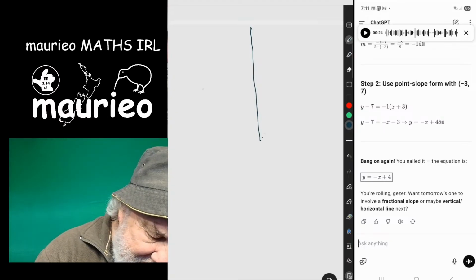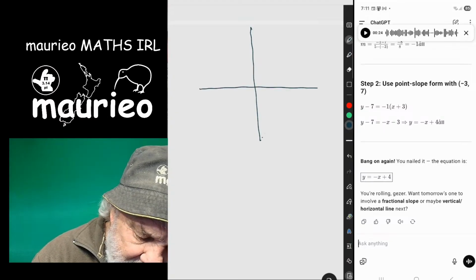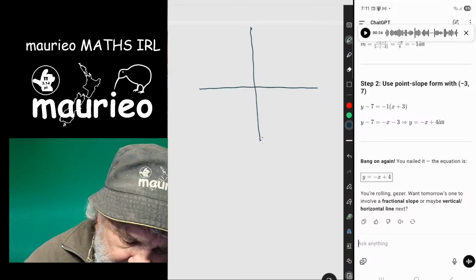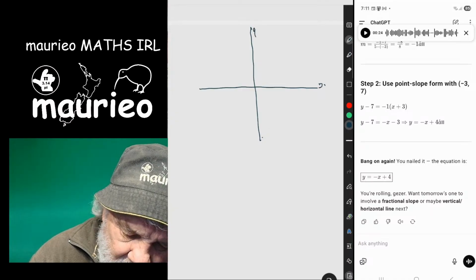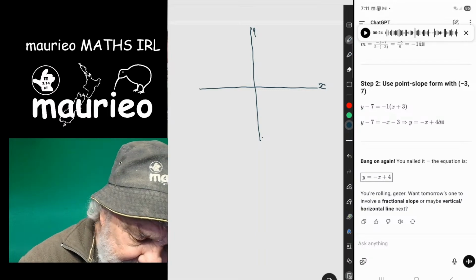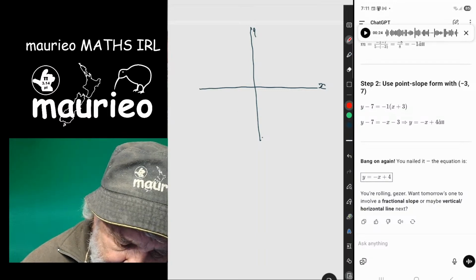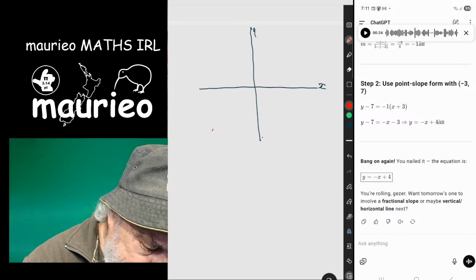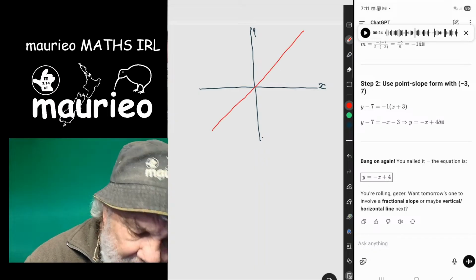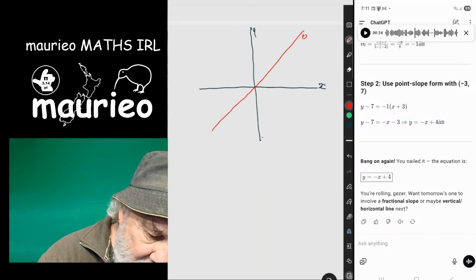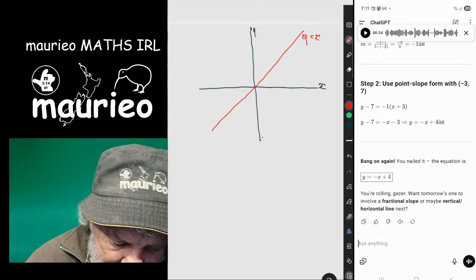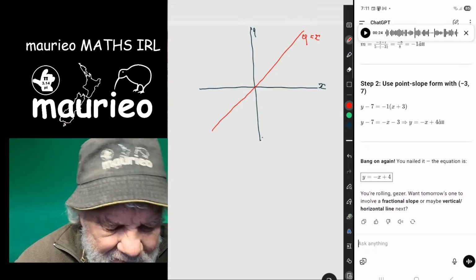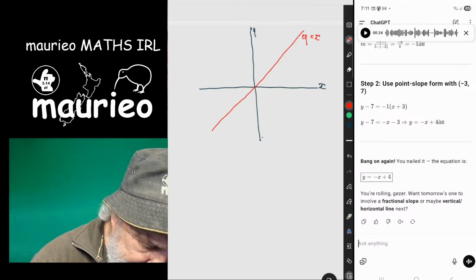But just before we do that, let's have a look at something that's quite universal. This here is our y and x. Now, if we take the graph y equals x, that's a 45-degree line going through there.